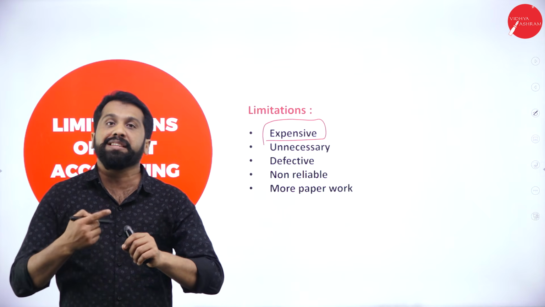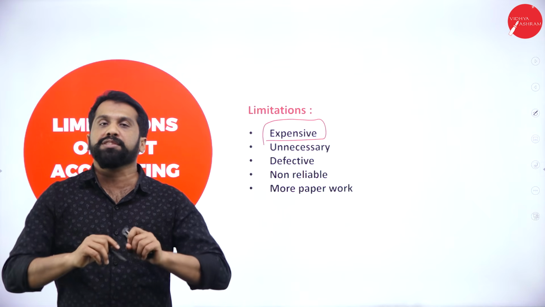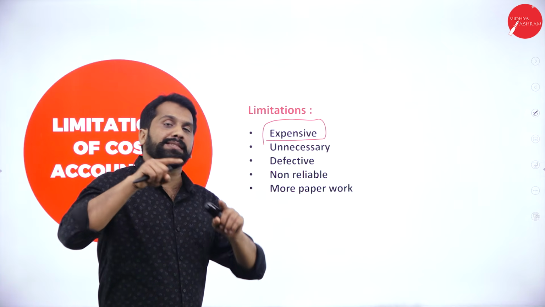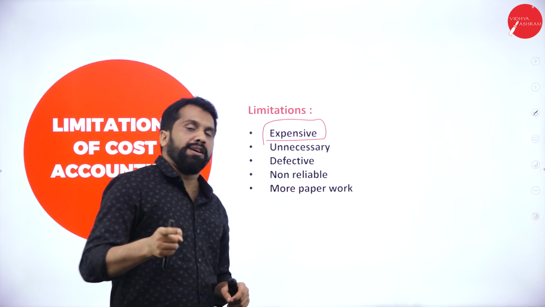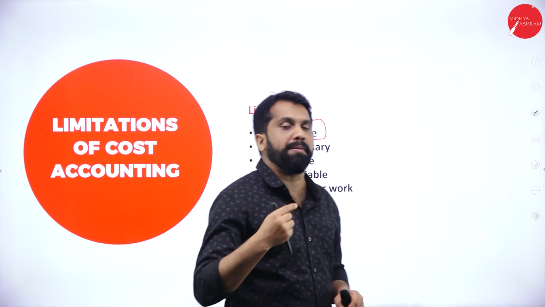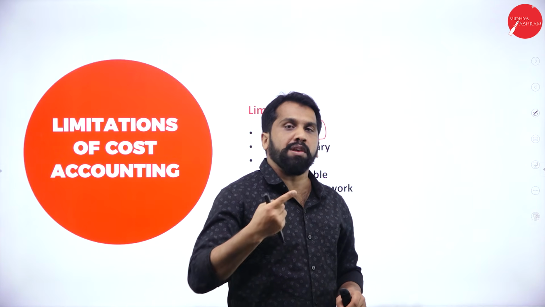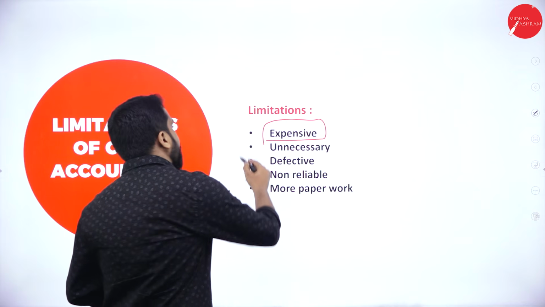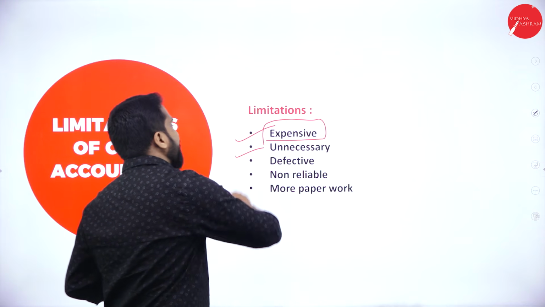So we need to pay them. There are certain procedures, and for that you have to spend money. You need certain software to calculate, and for that software you have to pay money. Renewal fees, membership fees, everything is an expense for you. So it is expensive.